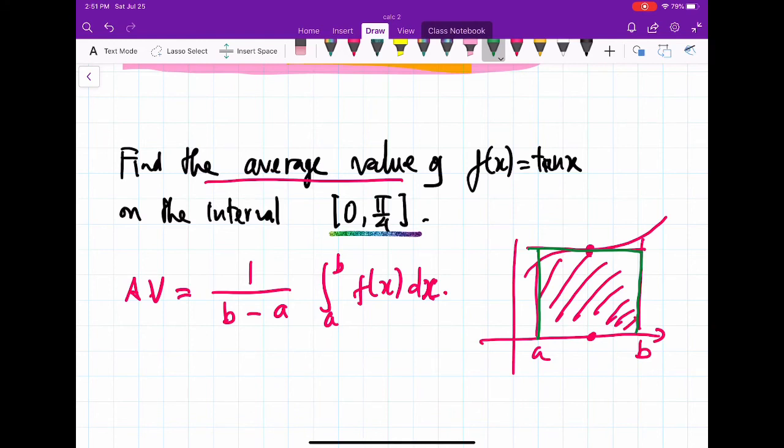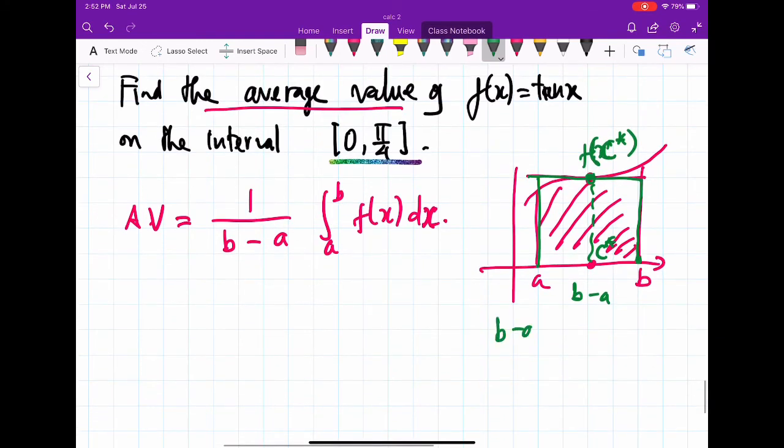And what is the rectangle in this case? The area of the rectangle equals the product of two sides. One side is b minus a. Another side is, let's say this point is c star, so I have f of c star right here. So we have b minus a times f of c star equal to the definite integral from a to b of f of x dx.